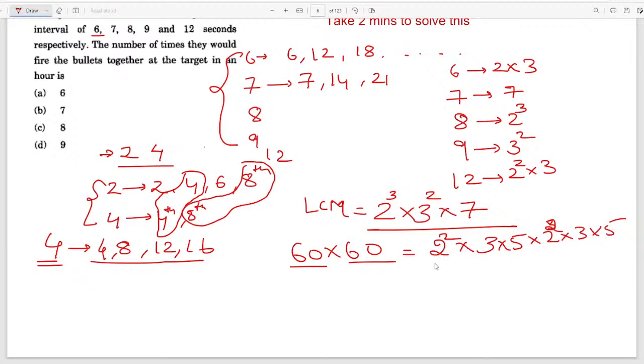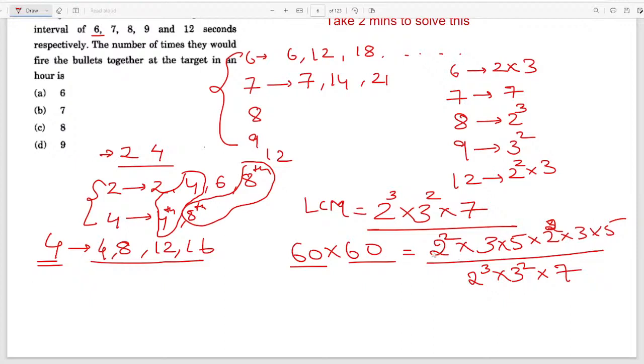So 60 into 60 divided by the LCM, because I have to find how many multiples of the LCM are there in these 3600 seconds. The LCM is 2 cube into 3 square into 7.